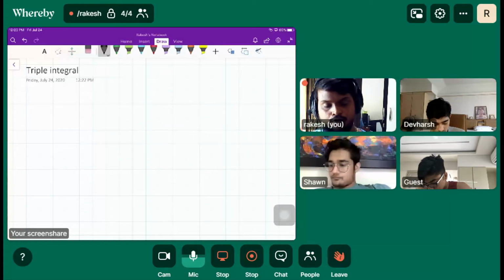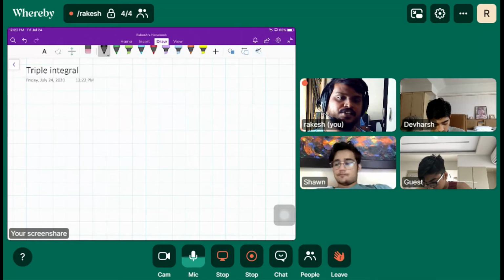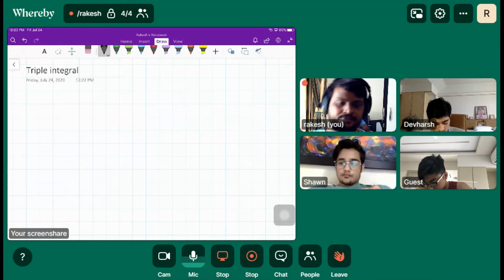We have learned single integral and double integral, and now we are going to learn triple integral.